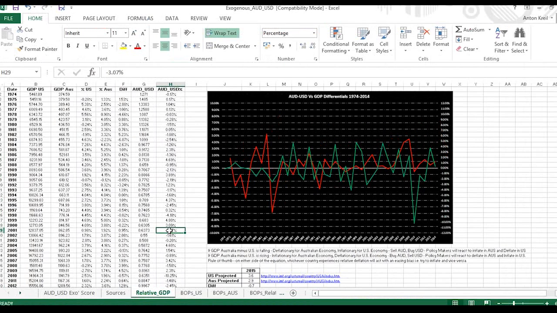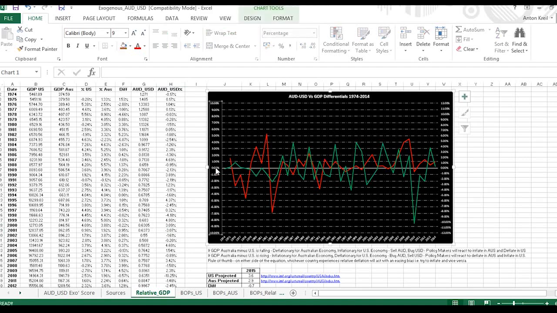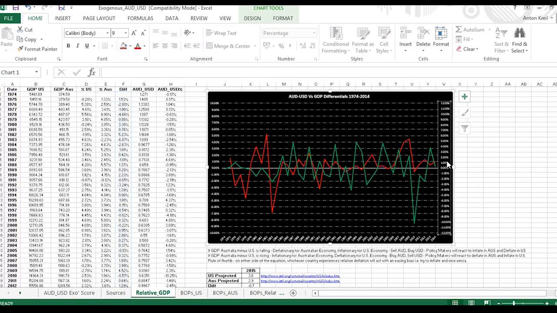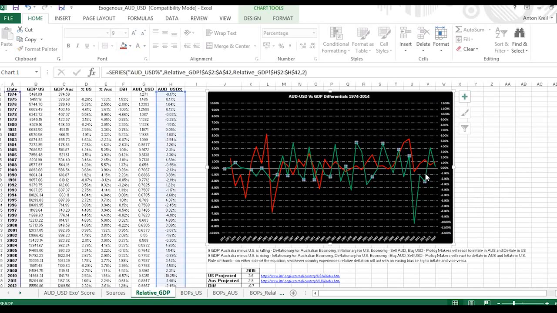And then what we've done on the chart is charted on the left-hand side the GDP differential, so the red line, column F, and on the right-hand side we've charted the annual percentage change in the Aussie dollar US dollar exchange rate.